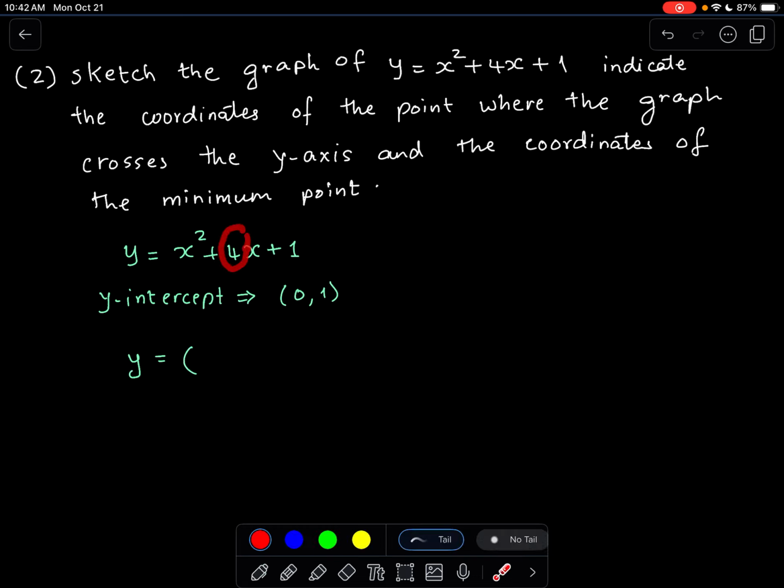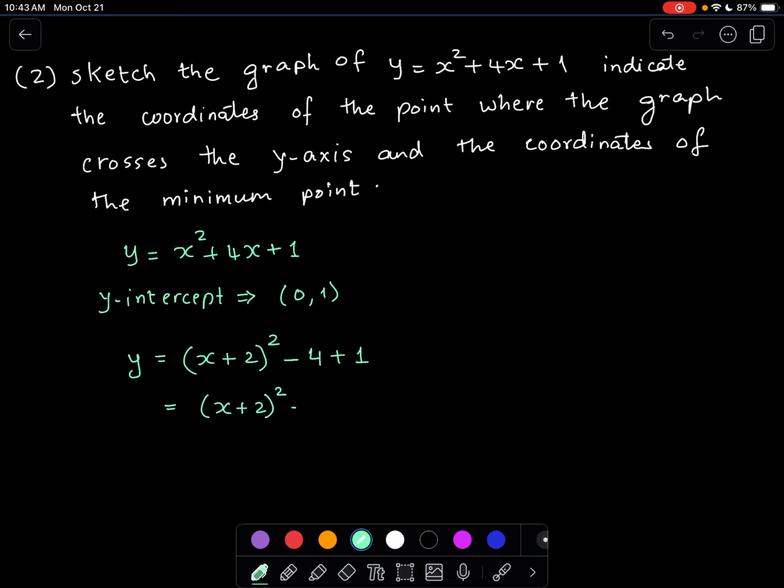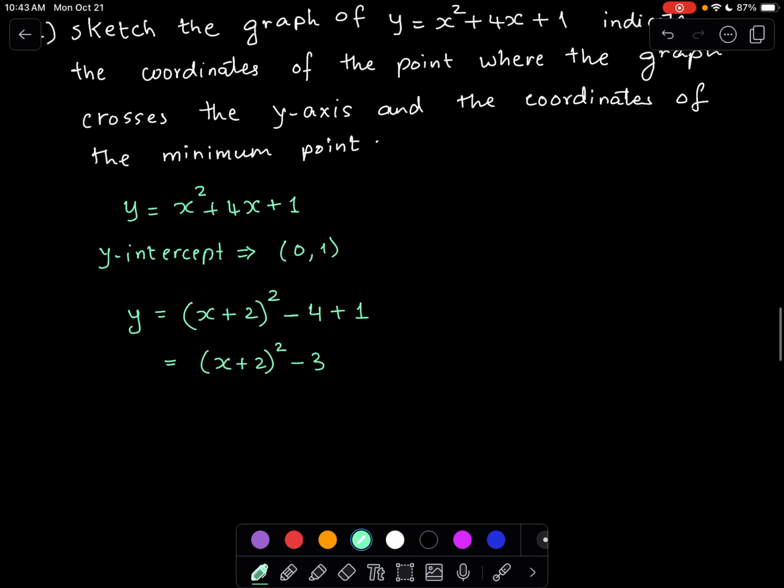The middle number b is 4. So half of 4 is going to be 2. X plus 2 bracket square. And we always minus square of this number that we wrote here, which is b, plus 1 as it is. This 1 is from here. So just copying it down there. So that gives me x plus 2 bracket square minus 3.